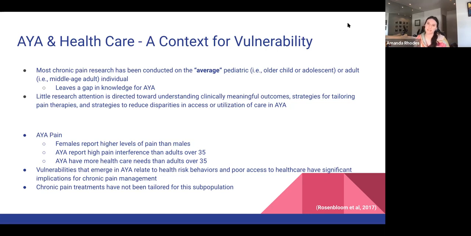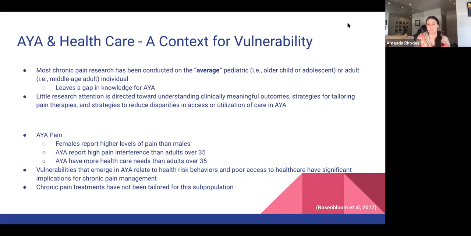And so when they get missed, there's a discrepancy and a distress that comes with it. And then also AYAs have more healthcare needs than adults over 35. And it's probably due to the fact that when there's chronic pain happening with AYA, there's also likely comorbid underlying physiological things happening.